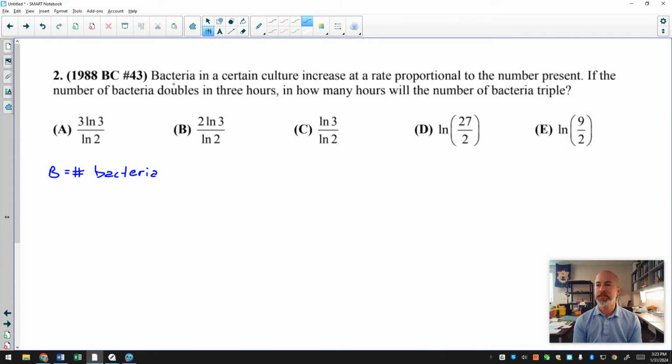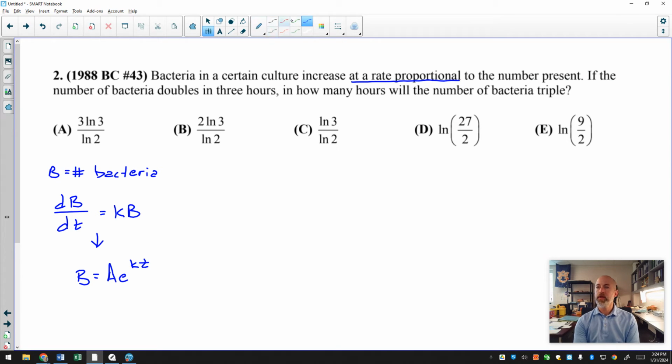And they say the bacteria increase at a rate proportional. So that means the derivative of the number of bacteria is a constant times the number present, which is B. And you see right there, we have that exponential growth model in differential equation form. And I can very quickly write that the solution to this will be a e to the kt.